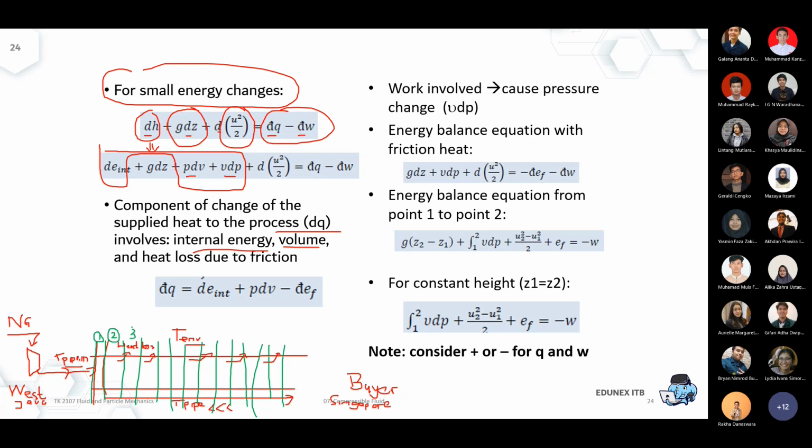And then you go to the third section, up until the end section. All of them have different pressure, different temperature, different density, different friction. So yeah, that's the complexity of calculating a pressure drop and temperature profile of a gas pipeline.